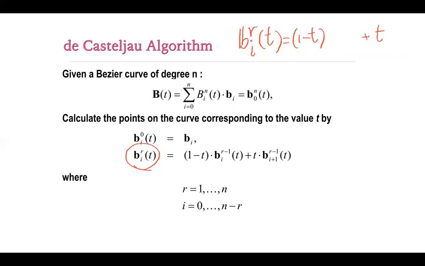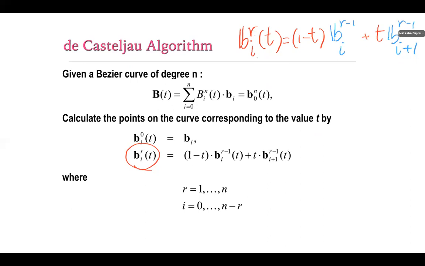And this is the linear interpolation. Here will be i and i plus 1, and r will be reduced by 1.